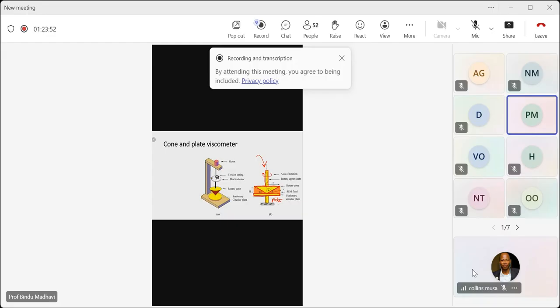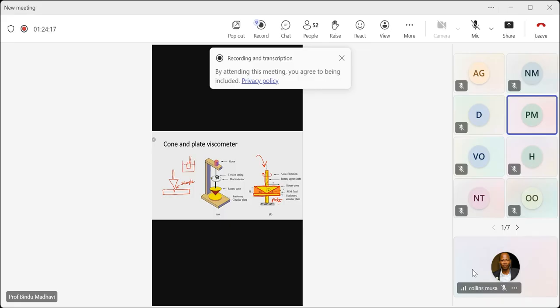Here, the cone is the one which is rotating. The plate is the one which is stationary. You'll have a small gap to place the sharp edge of the cone. In this gap, we are going to fill our sample.